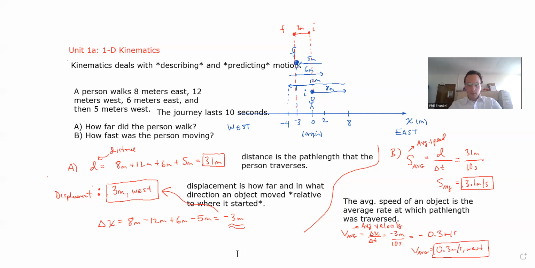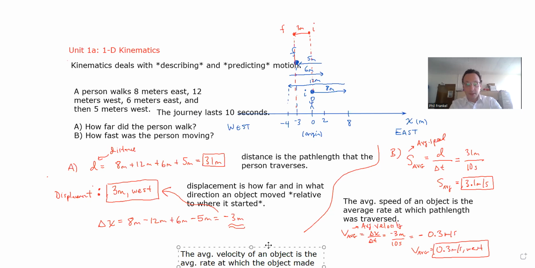All right, let me write this out in the space that I have here. The average velocity of an object is the average rate at which the object made progress away from its starting location plus the direction.